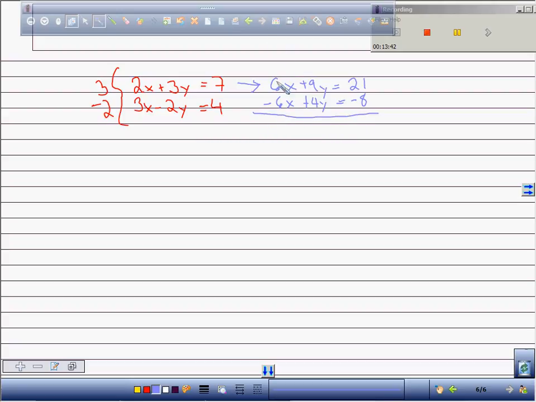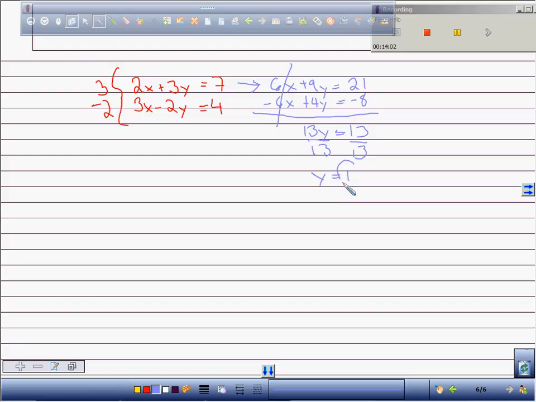Okay? What happens here? Boom. 13y equals, what's 21 minus 8? 13. So y equals 1. That's a nice number.